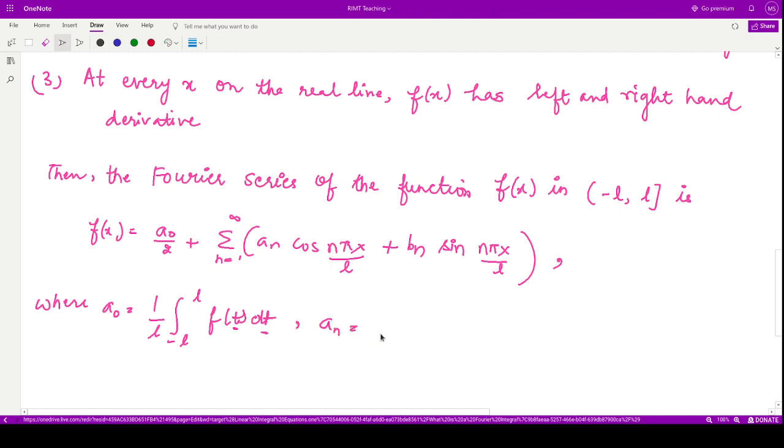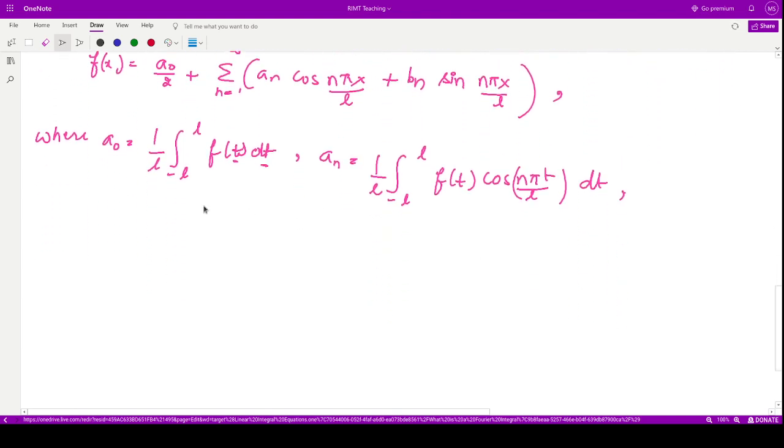Then you have a n given by 1 by L, integration minus L to L f of t cos n pi t upon L dt. And in a similar fashion you can write b n, which is given by 1 by L, integration minus L to L f of t sin n pi t upon L dt. So these are the coefficients.